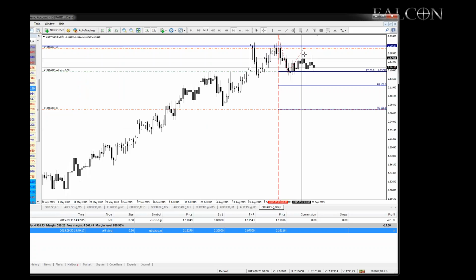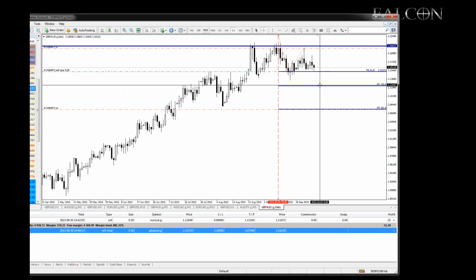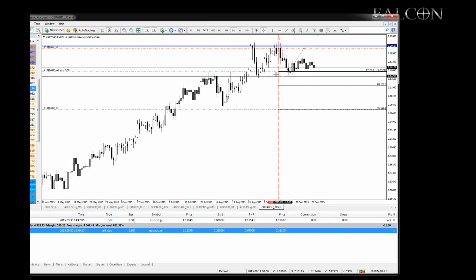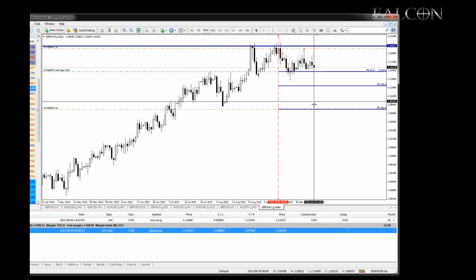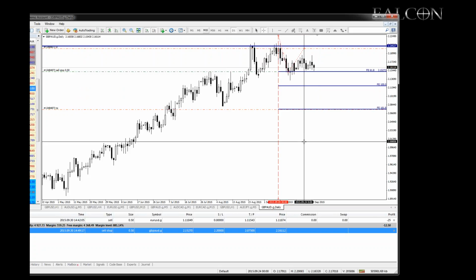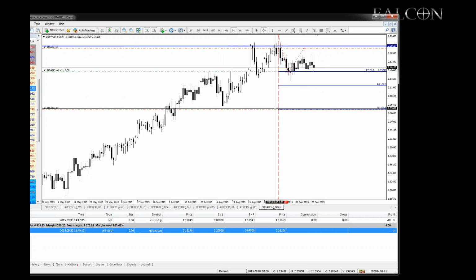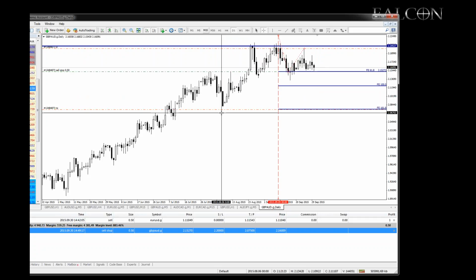So that's going to be one set and forget. That may take a long time to come about because it's on a daily chart, but it could happen on a 4-hour or whatever. But that looks like it's going to be a decent long-term trade. So that was the pound Aussie.